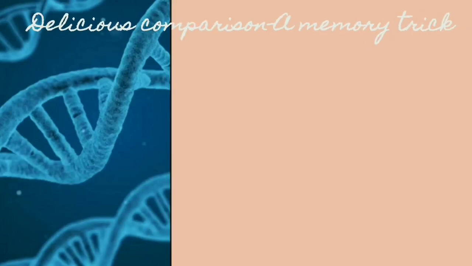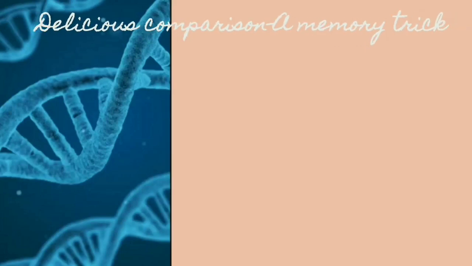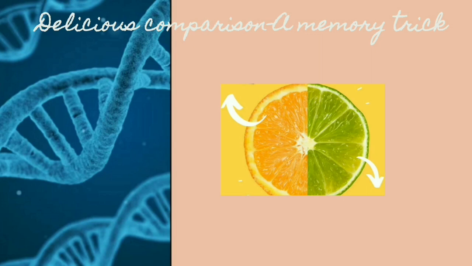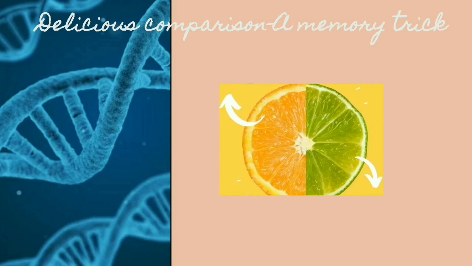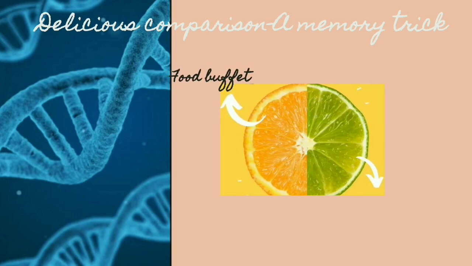There is a simple, delicious comparison between a food buffet and multiple allelism. Here, the cakes are being compared with the I gene, which forms the basis of the human blood group system.